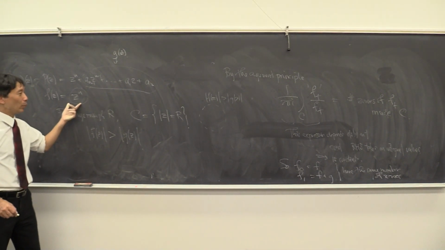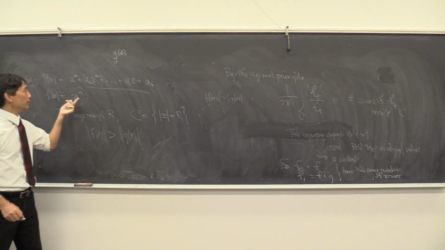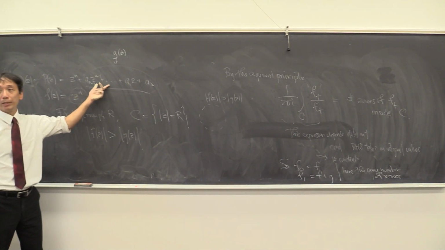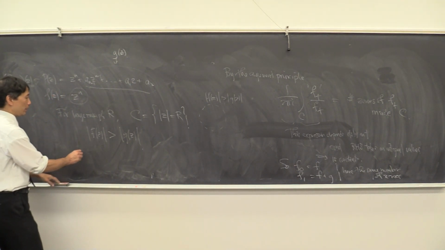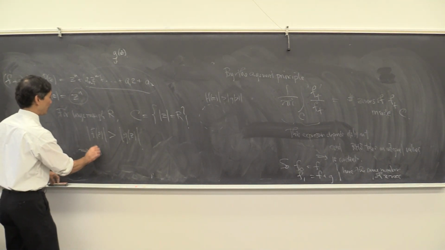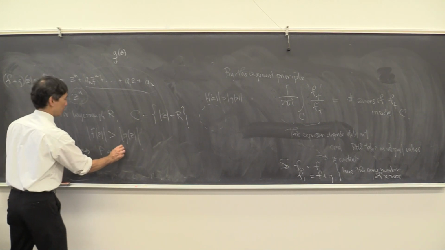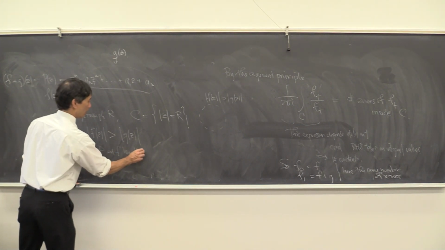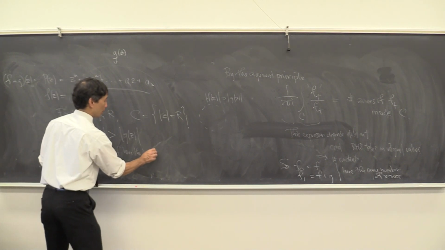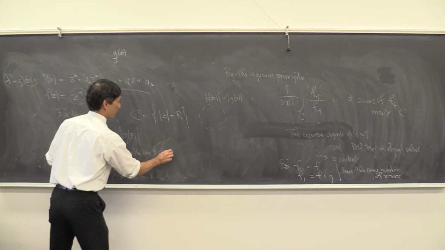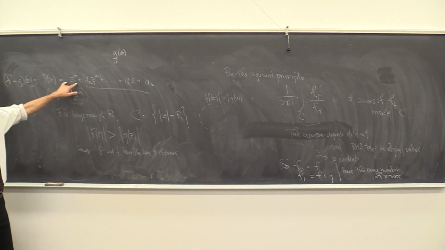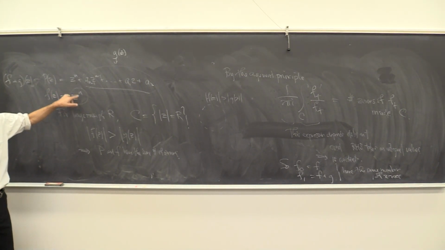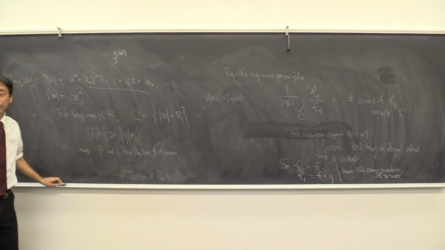So at some point, we're going to find a disk large enough that this is strictly bigger than that. And so, what does Rouche's theorem tell you? It says that P and f have the same number of zeros. In other words, any nth degree polynomial has to have n zeros. This is another proof of the Fundamental Theorem of Algebra.